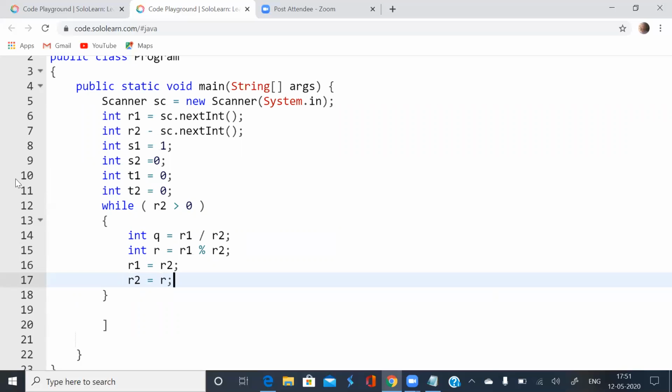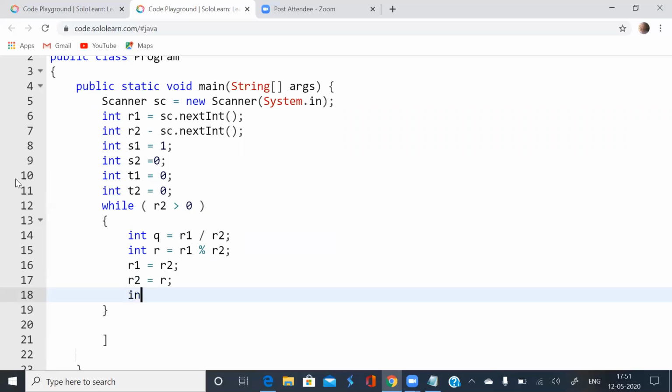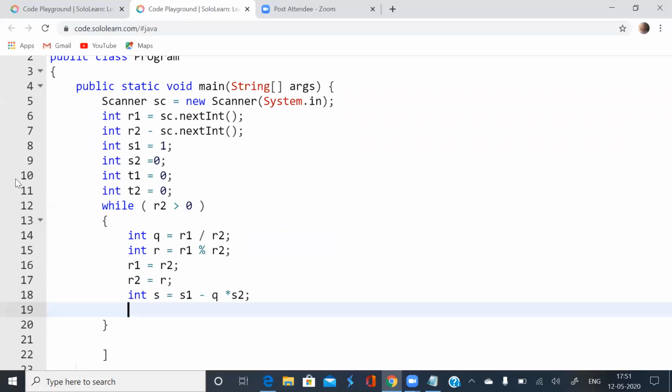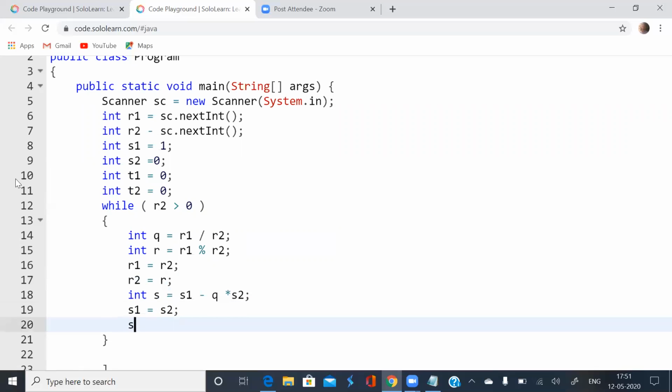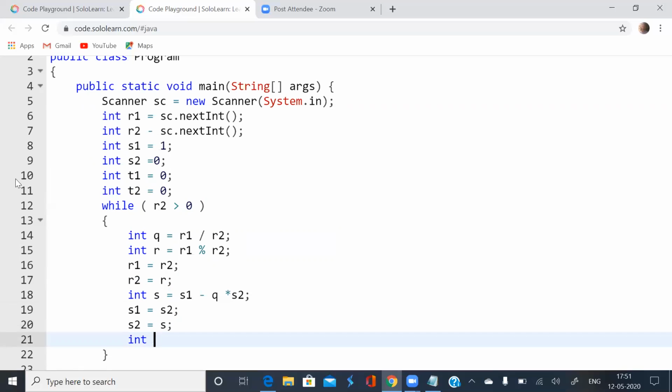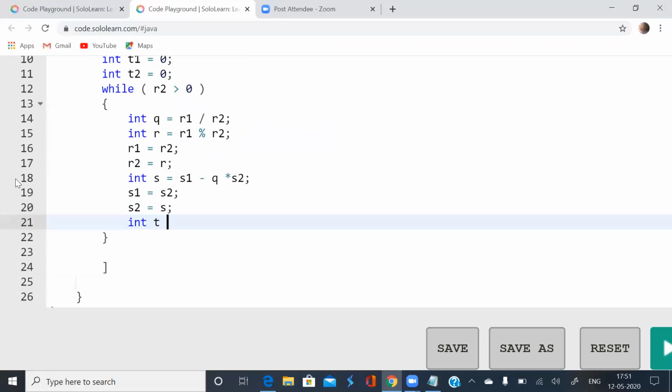Then find out S. What is S? S1 minus Q into S2. Now for next iteration, S1 equal to S2 and S2 equal to S. Next, find out T. What is T?